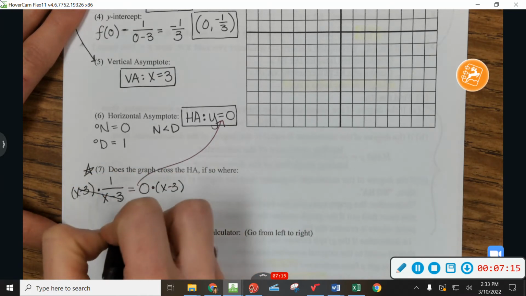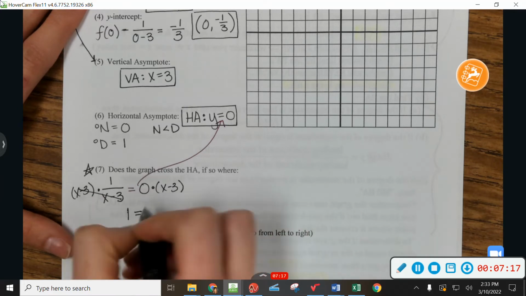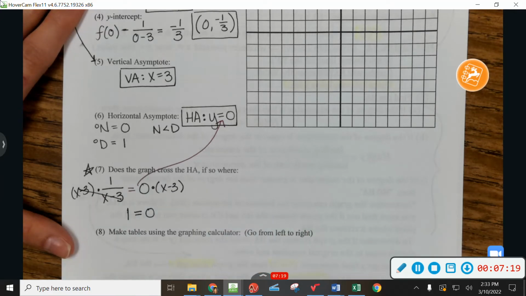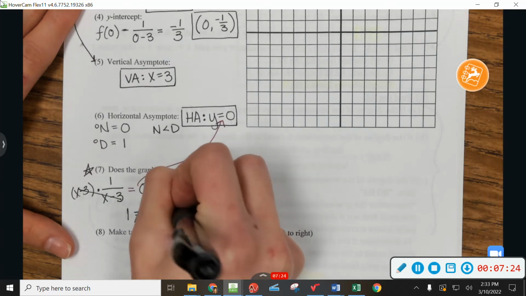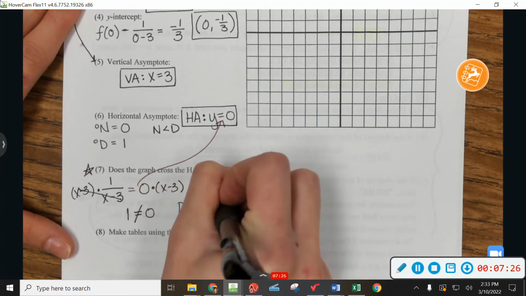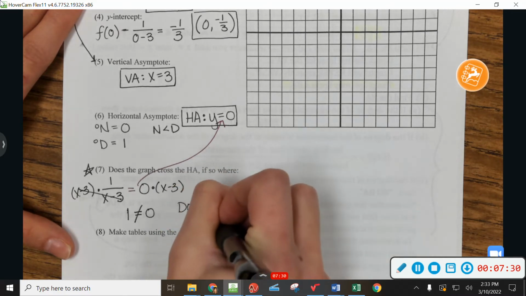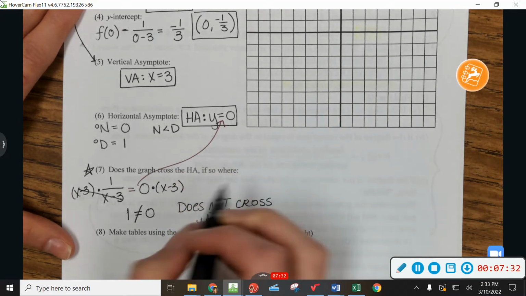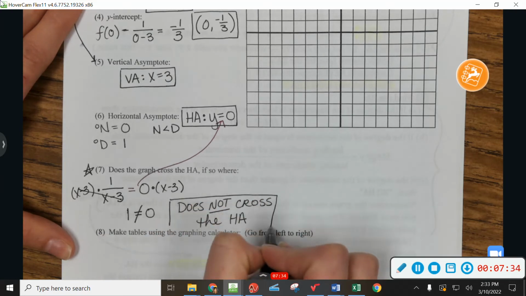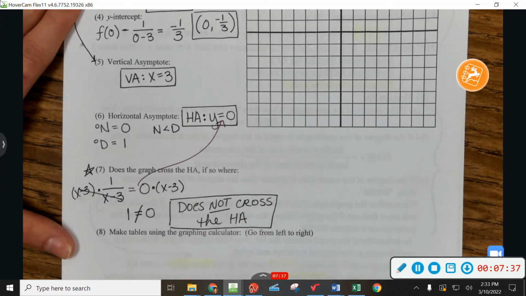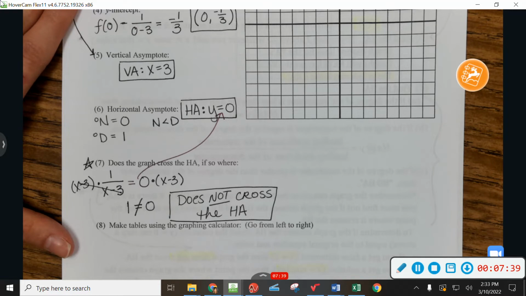That leaves me with 1 equals 0 times anything is 0. Well, that's a false statement, so it does not cross the horizontal asymptote.